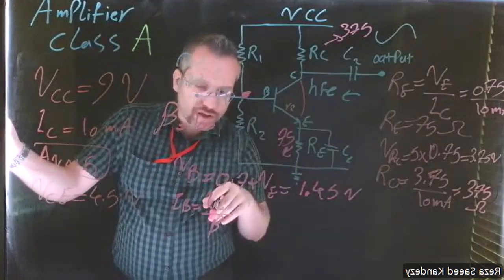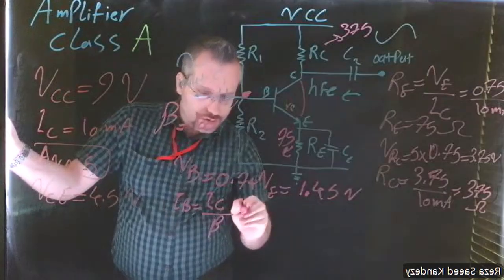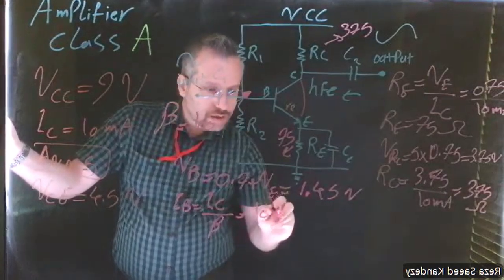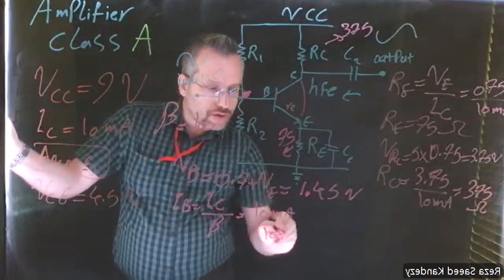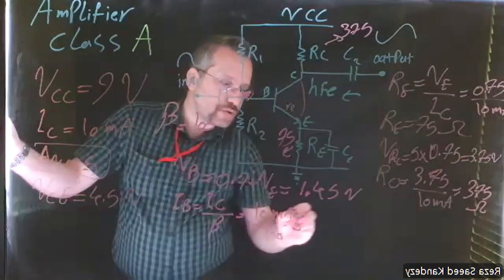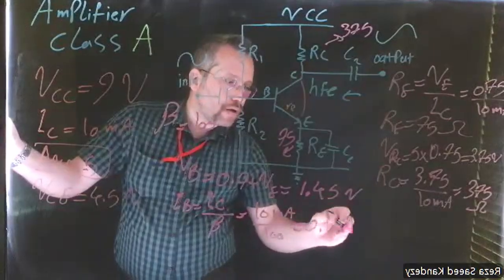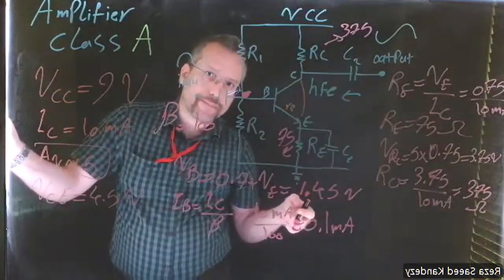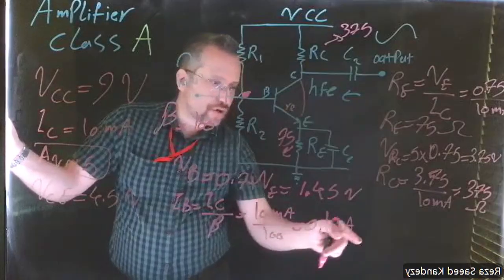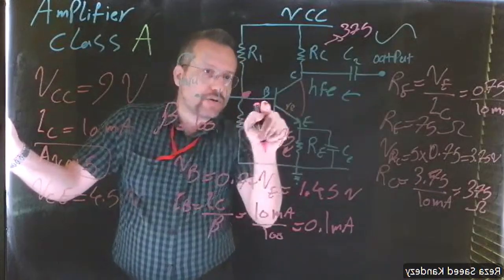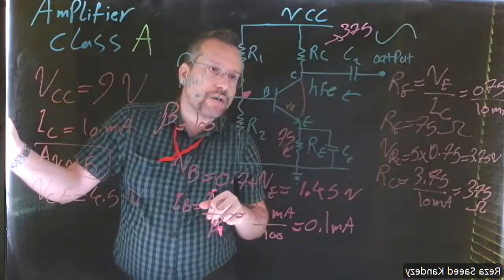It's not going to affect things significantly. So this becomes 10 milliamp over 100, which means it's 0.1 milliamp, or 100 microamp. This is our base current.